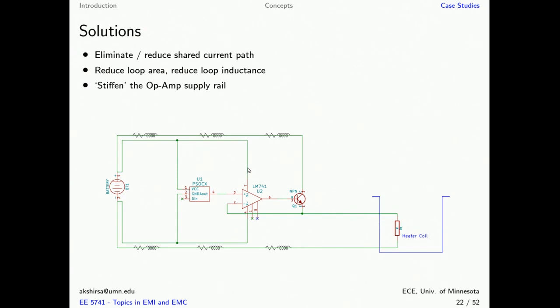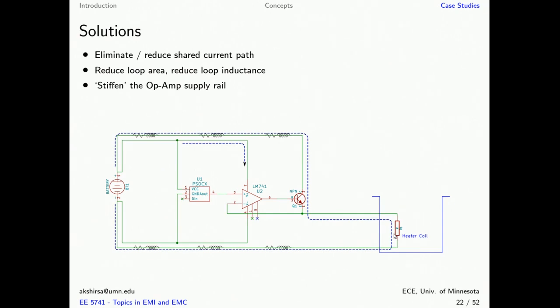The next thing we need to look at is the loop area. As you can see, the high current that is being drawn by the heater is taking this path shown by the dotted line here. Now we know that this current is going to be large, and it may have some switching component as well. Supposing we want to turn on or turn off the heater quickly, a large current is going to flow through this path.